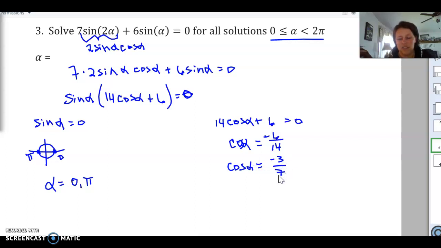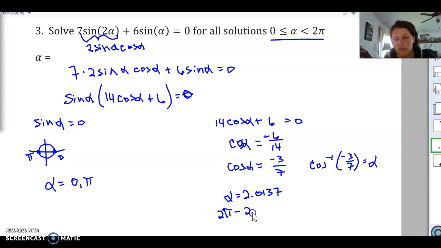And now we're going to need to use our calculator for that. So for our arc cosine of negative 3/7, that will be what alpha is equal to. Do that on your calculator. Your first solution should be 2.0137. And then to find our second solution, we're going to do 2 pi, because we're in cosine, 2 pi minus 2.0137.